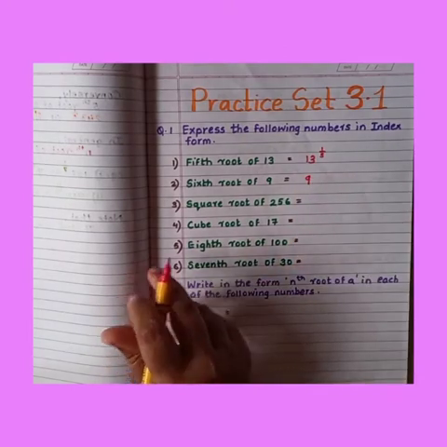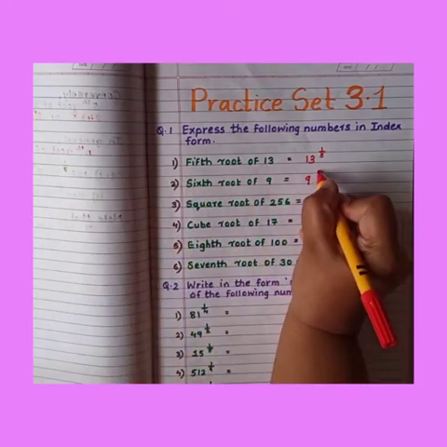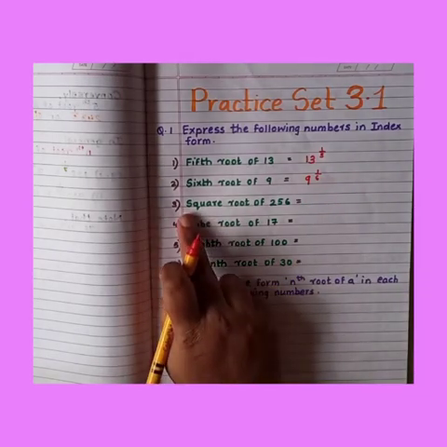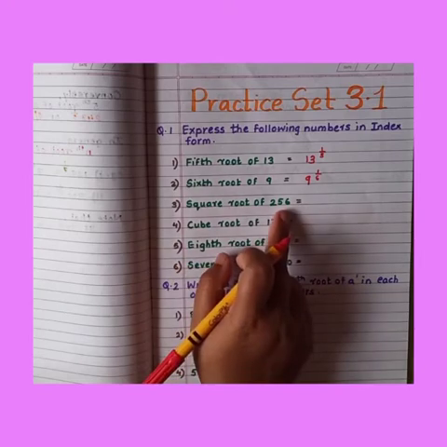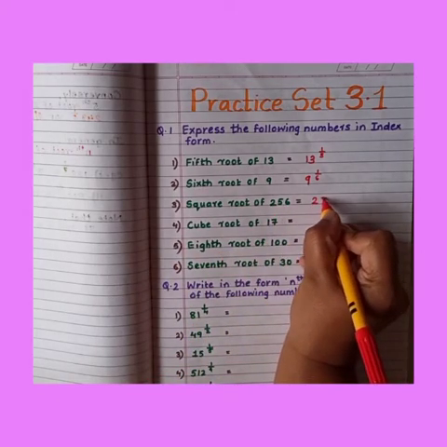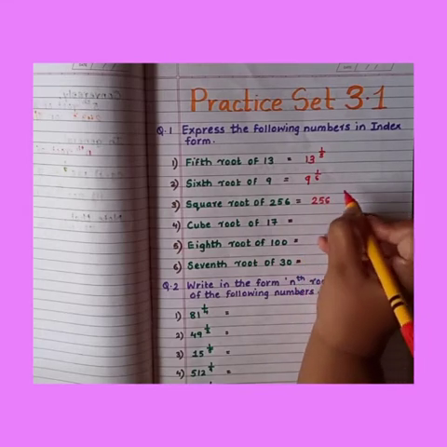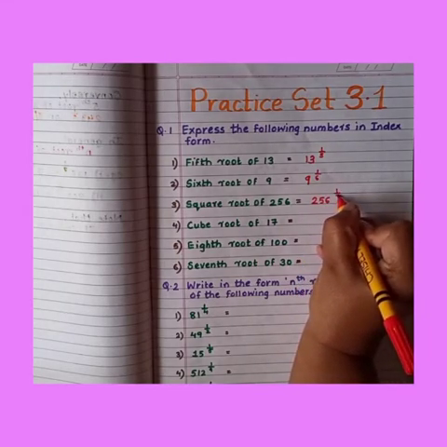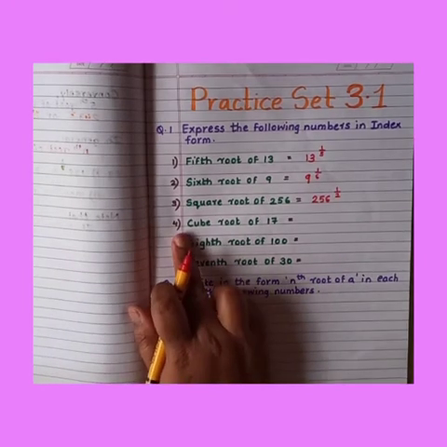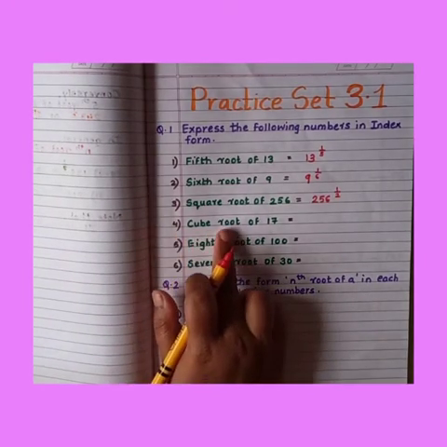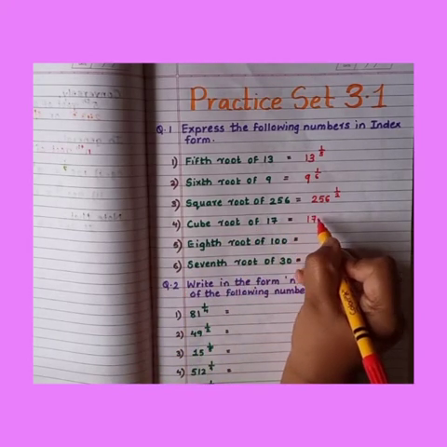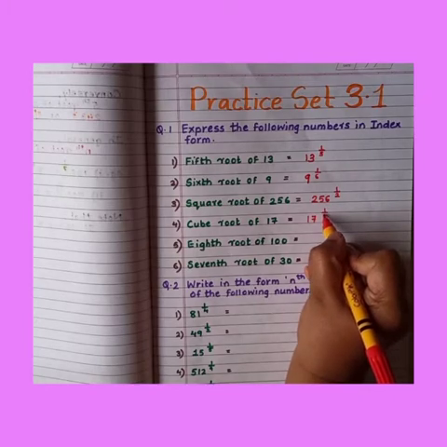So write down 9 first. 6th root, hence 1 upon 6. Next question. Square root of 256. So the number is 256. Square root means 1 upon 2. Got it? Fourth one. Cube root of 17. Which number? 17. And cube root means 1 upon 3.